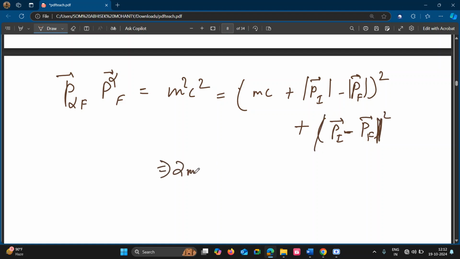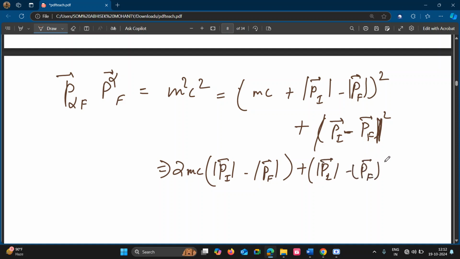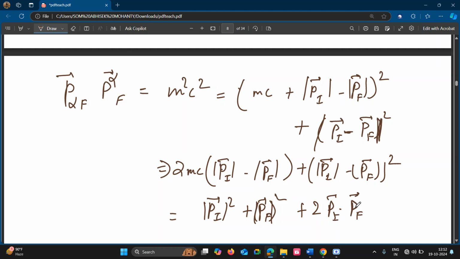So that will be equal to 2mc (pi minus pf) plus pi minus pf, which is equal to pi square plus pf square plus 2 pi pf.